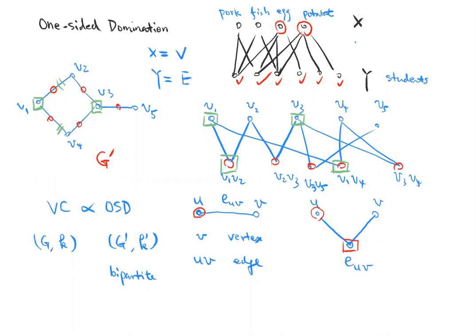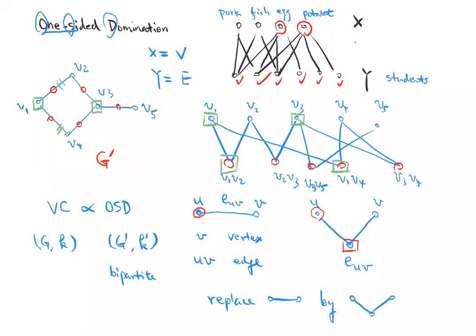Again, the construction is very simple. Locally, we just replace an edge by this edge. I'll use the shorthand 1SD for one-sided domination.